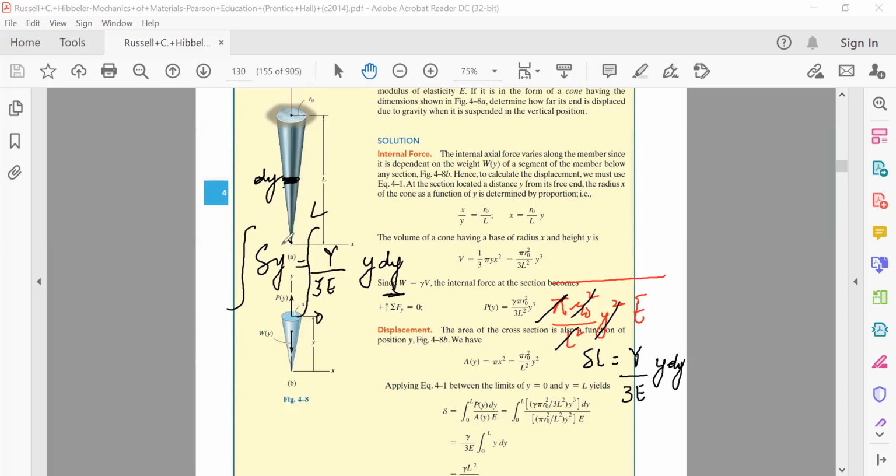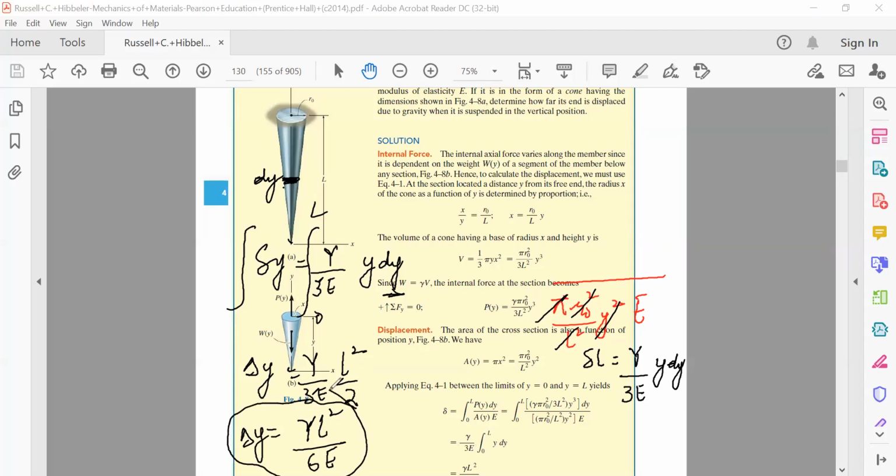So this is L. And the total change in length, we will write delta y, is equal to gamma by 3E, which comes out of the integration. Then we have the integral of y dy, that is y square by 2 going from 0 to L, that will be L square by 2. Therefore the change in length will be gamma L square by 6E. This is the total change in length.